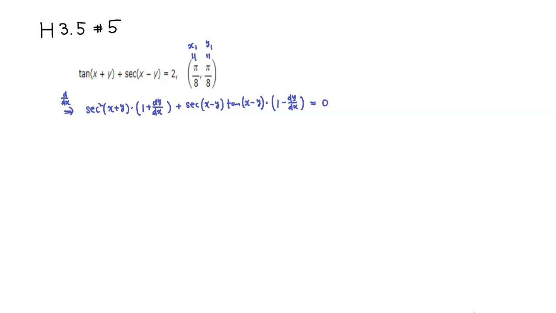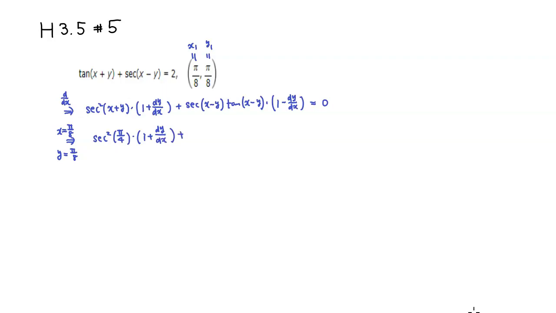So I'm going to go ahead and plug in pi over 8 for x and y and see what happens. So I plug in x equals pi over 8, and also y equals pi over 8. So you have secant squared of pi over 8 plus pi over 8, which I'll write as pi over 4, times 1 plus dy over dx.